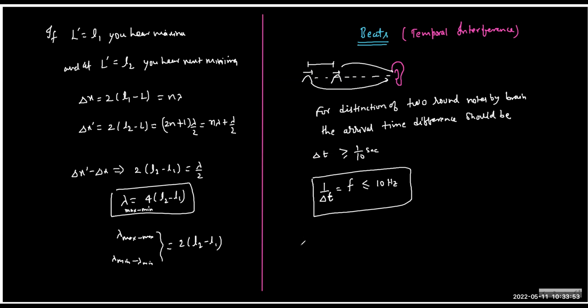Anything more than 10 hertz cannot be understood by the brain, although it is happening. So we say this as beat frequency. It's called the beat frequency. So the beat frequency less than 10 hertz we can hear, and more than that we don't hear. So okay, anyway, what is beat frequency?